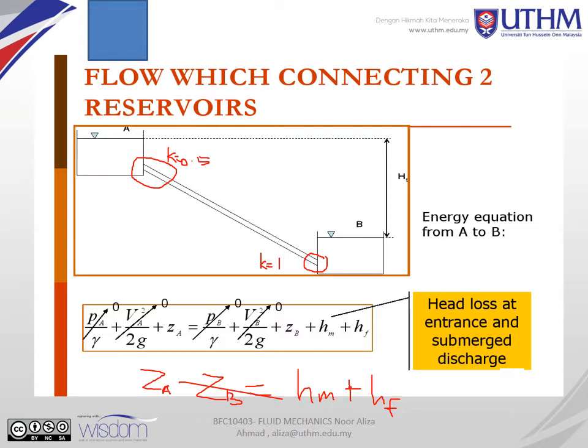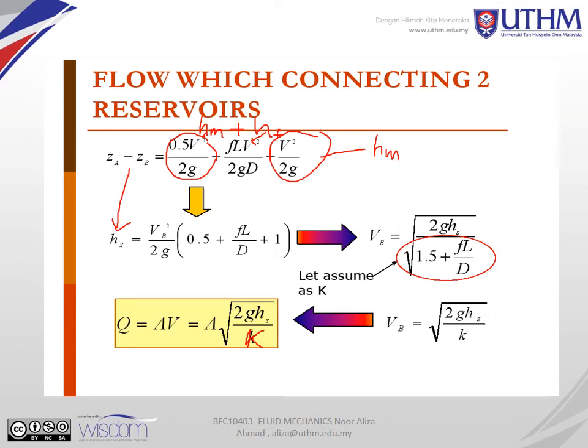So we use 0.5 and also 1 here. This is for HF. This one is for HM and this one is also for HM. So this is HF.